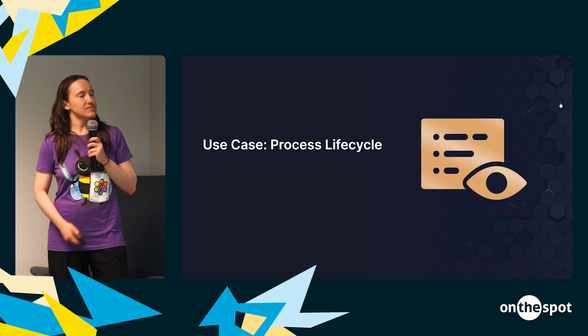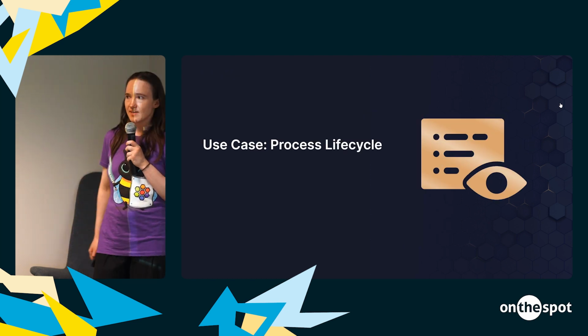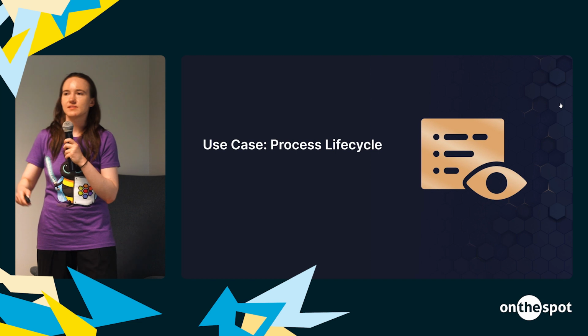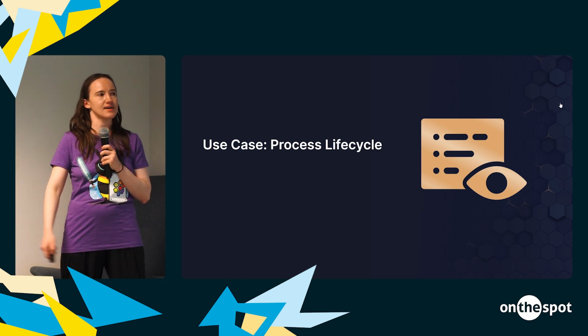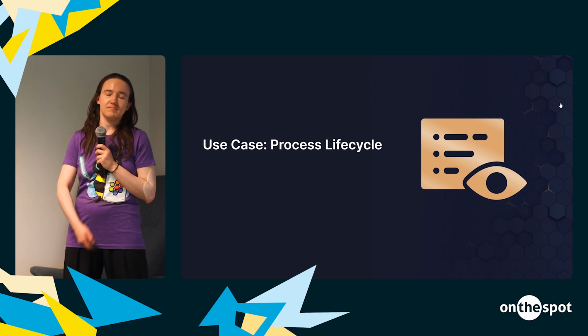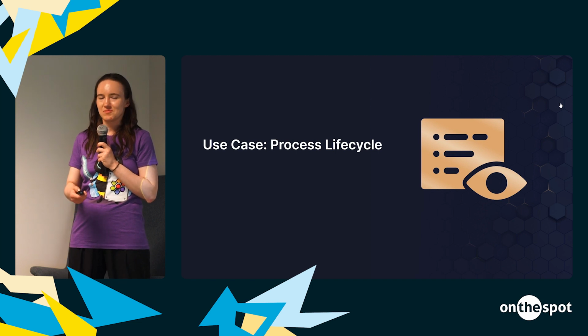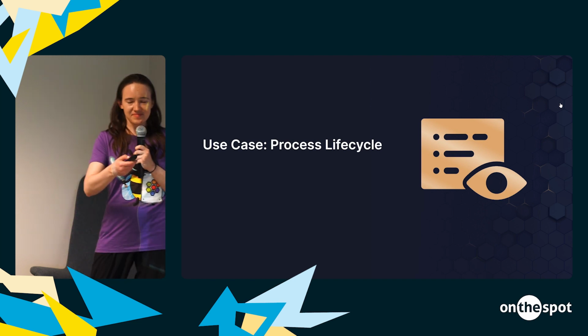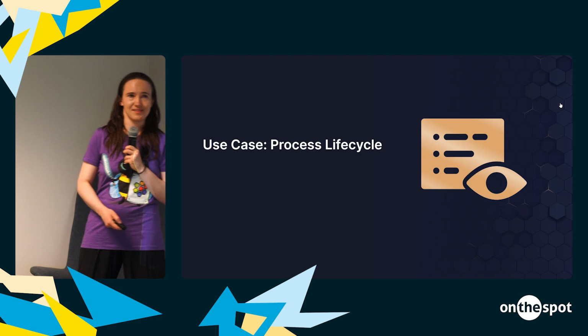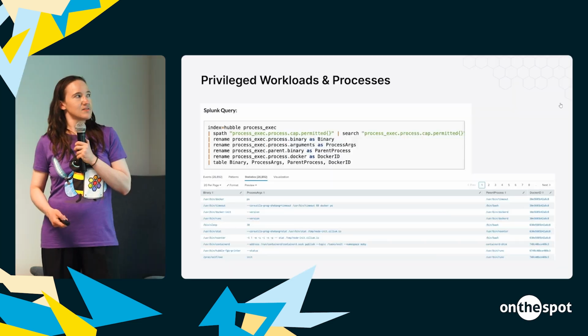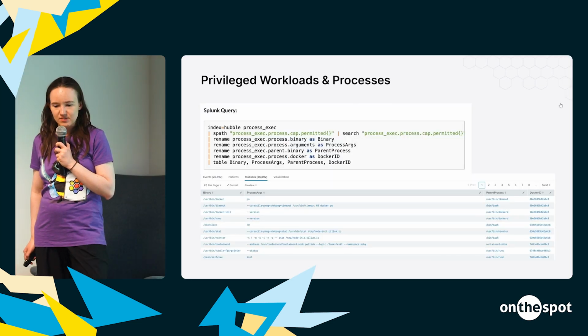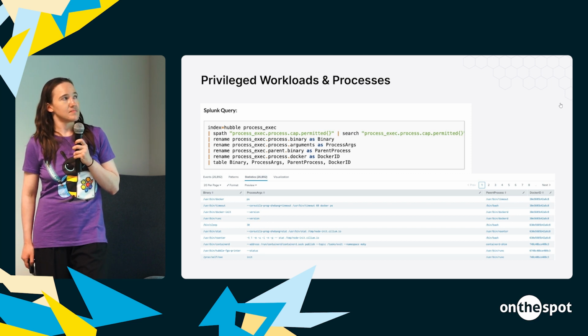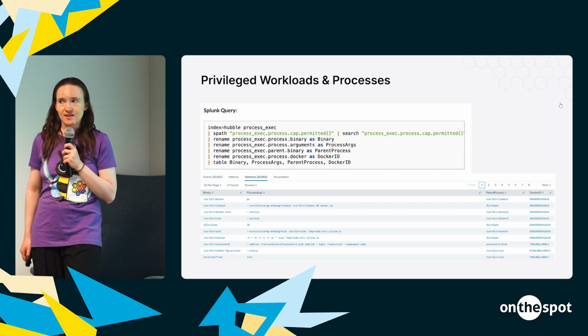So the first basic use case is the process lifecycle. This is the core of Tetragon. Tetragon monitors processes, and this allows us to find many interesting things about what is happening. So we can, for example, use Tetragon to monitor privileged workloads and processes.